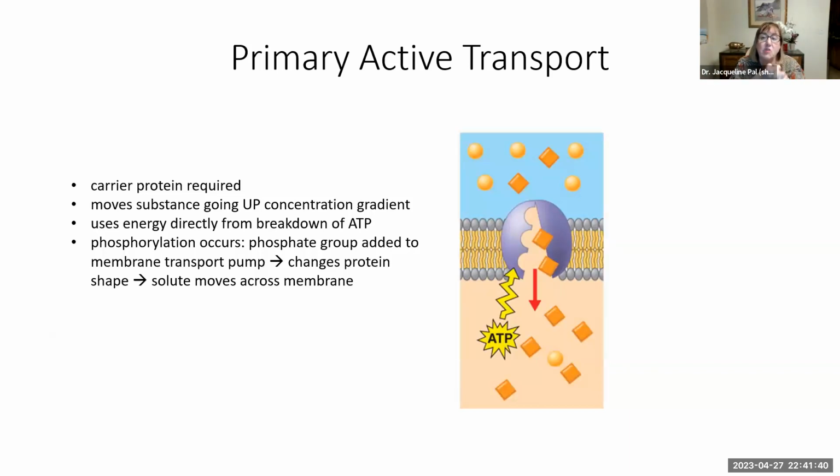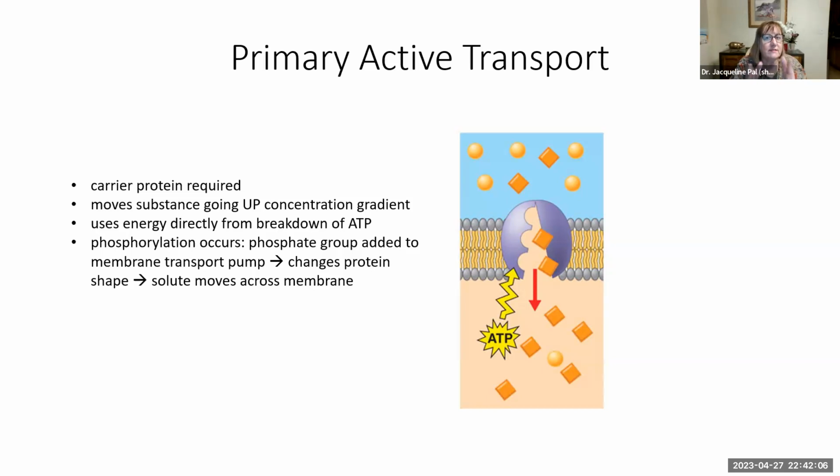So the type of active transport that you learn about in a traditional introductory biology class and in anatomy is actually primary active transport. We still have a carrier protein required, and we are moving substances instead of down a concentration gradient, now we're going up across the concentration gradient, and we're using energy directly from the breakdown of ATP.